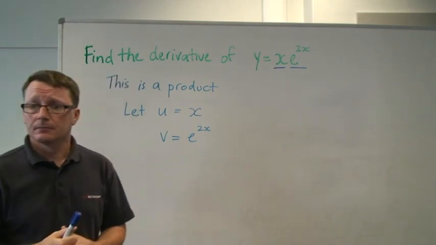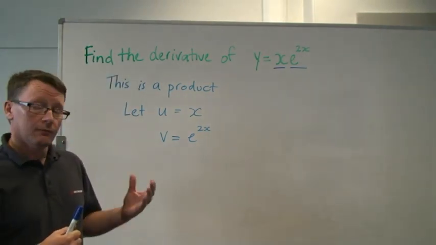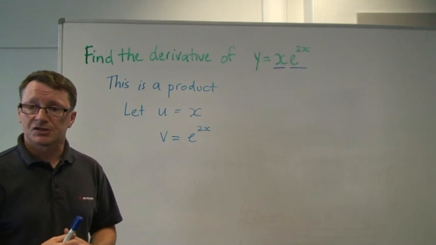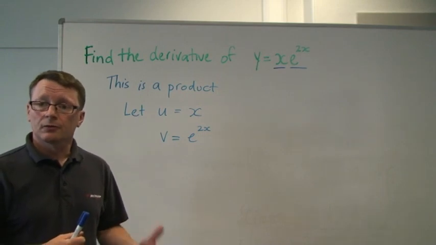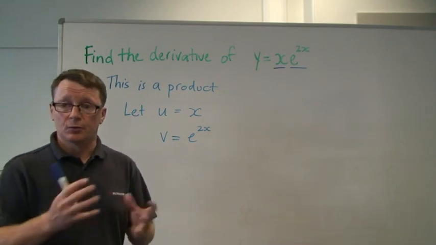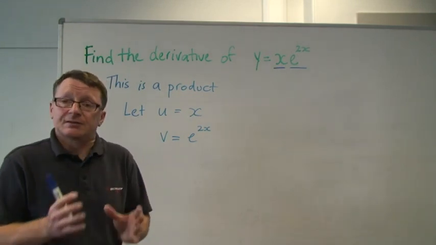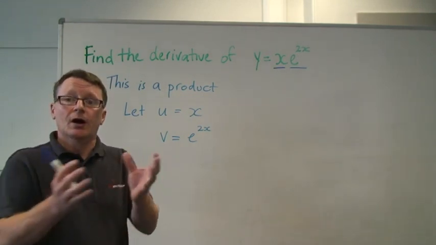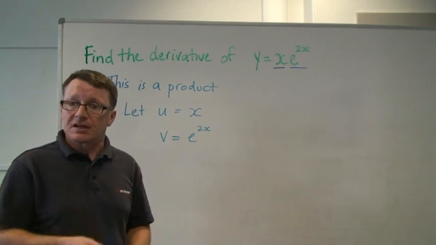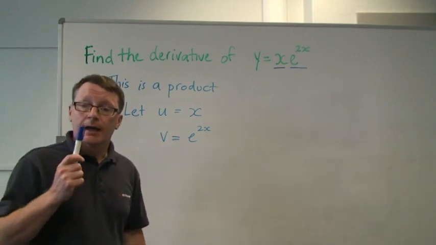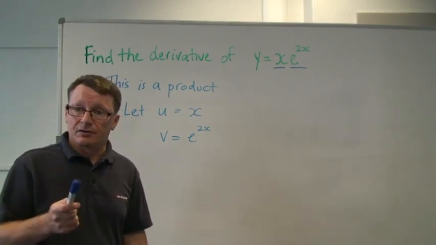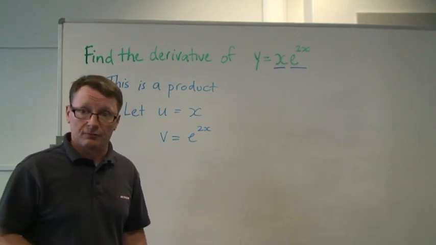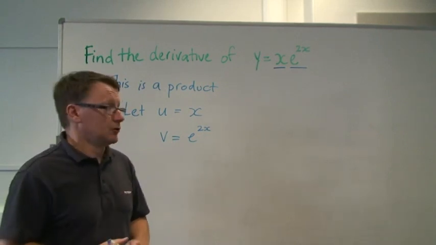If you look at the formula for the product rule on a formula sheet or in your notes, you'll find that as well as identifying u and v, we need to find the derivatives of both u and of v. But this time you'll find those derivatives in the list of standard derivatives, the table which is on the formula sheet or in your notes.